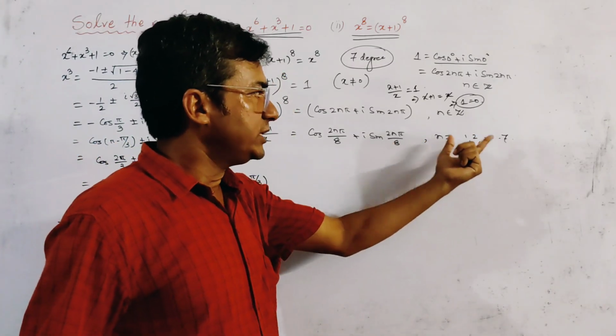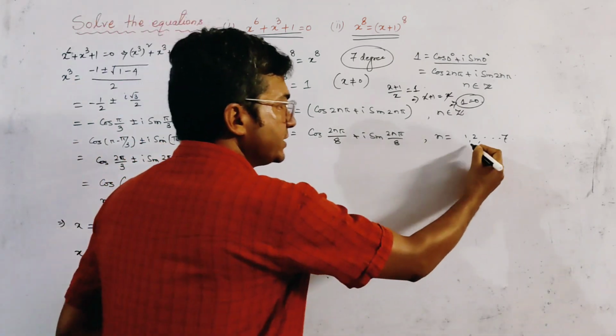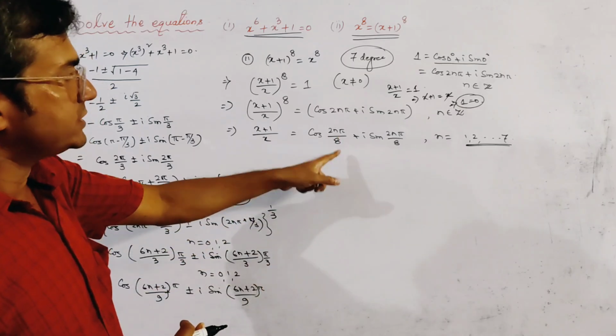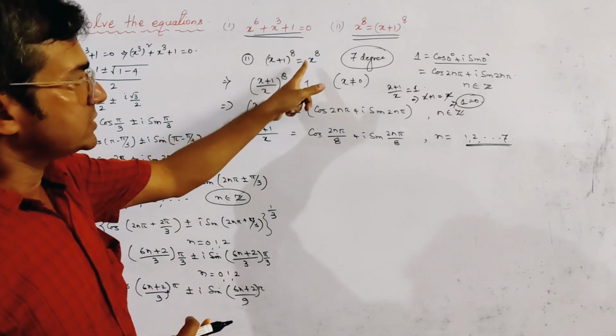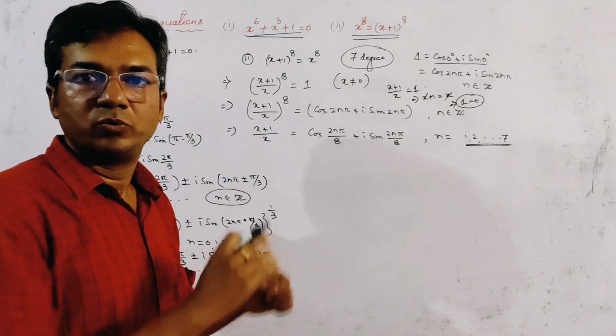That is, for each value of n we get one solution of x, that is we get only 7 solutions of x, and we already said earlier this is a 7-degree equation, and we must get the 7 roots of this equation.